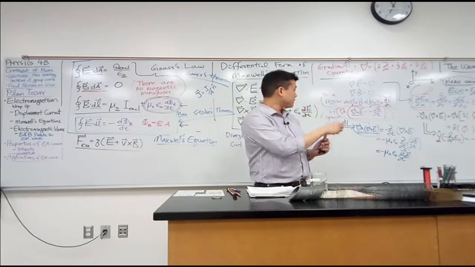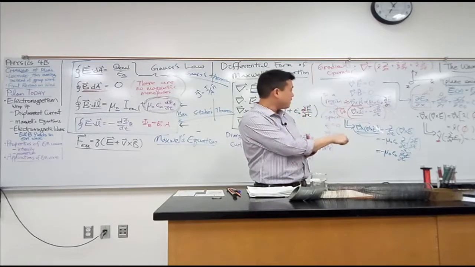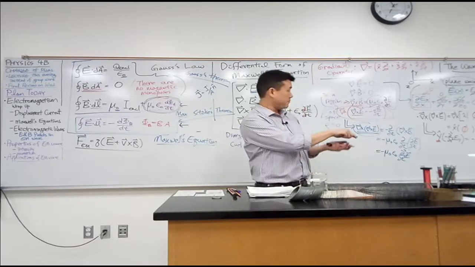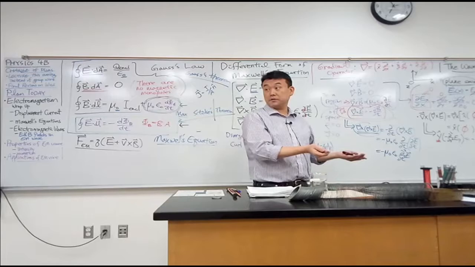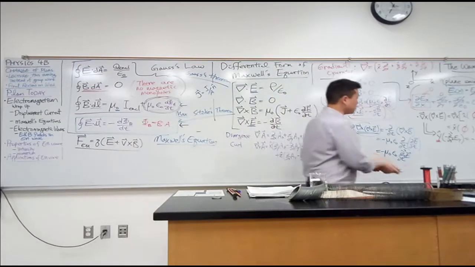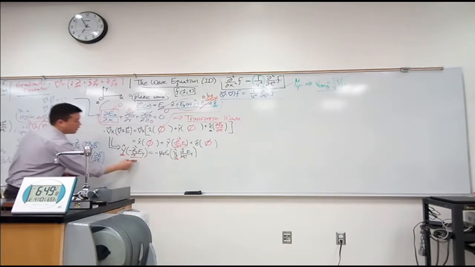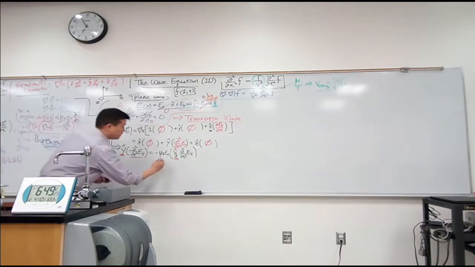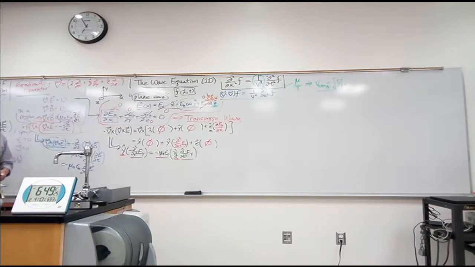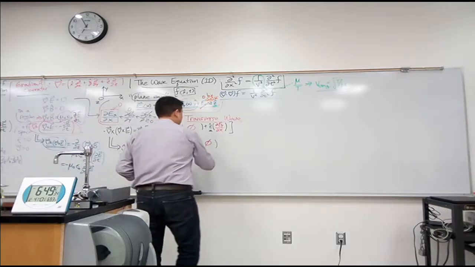So the only way the left-hand side can equal the right-hand side is if these two vectors are pointing in the same direction. And they do. They both point in the y direction. And what you have is the wave equation in terms of the component: the y component on the left-hand side and the y component on the right-hand side. So the minus signs cancel as we wanted.